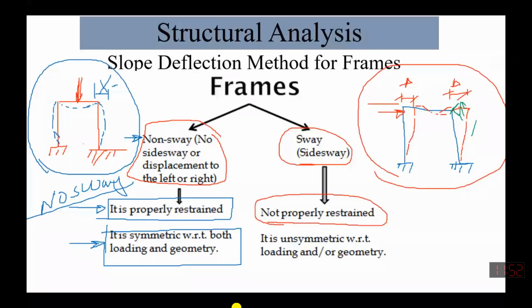So number one is that it should be properly restrained. If it is not properly restrained, or if there is unsymmetrical loading or unsymmetrical geometry of the structure, say one edge is like this and another one is like this, again we'll see that the structure is going to exhibit lateral displacement.